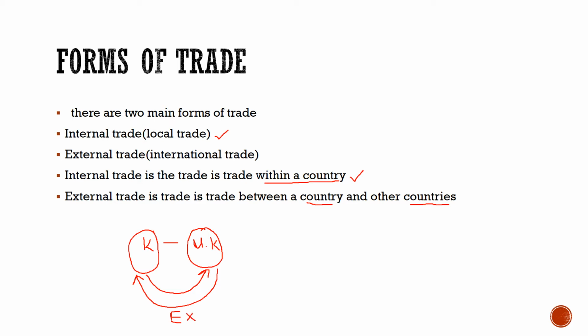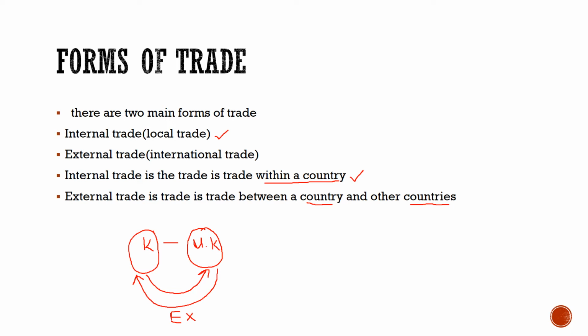Also within African countries, I'm not saying that international trade should be between Kenya and European countries only. No. Kenya and South Africa, that is still international trade or external trade. Kenya and Ethiopia, that is still external trade. Uganda and China, that is international trade. Japan and Italy, that is still external trade. So external trade is trade between a country and other countries.